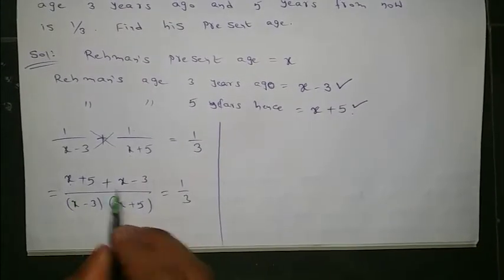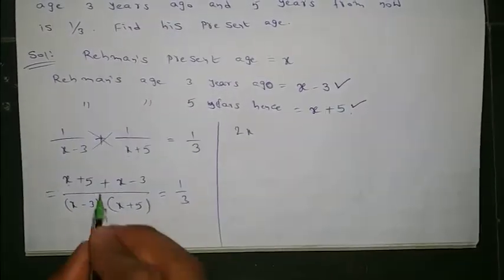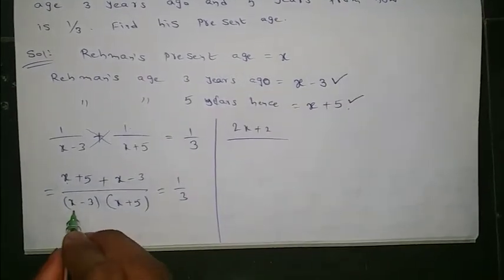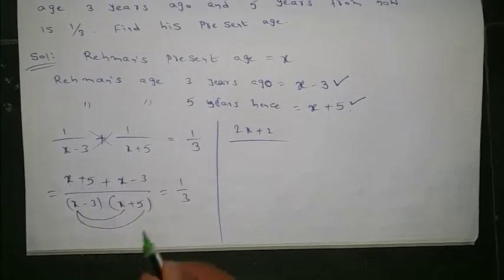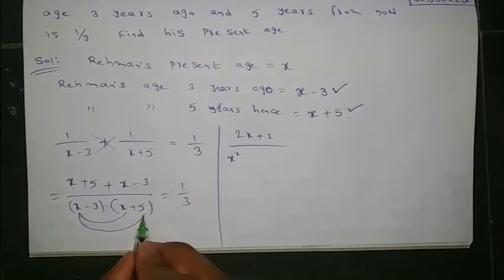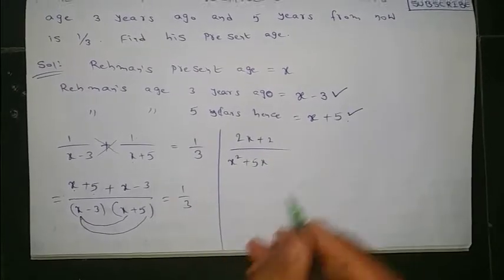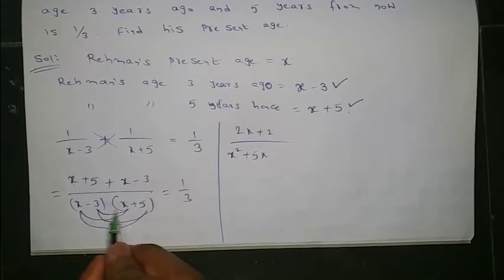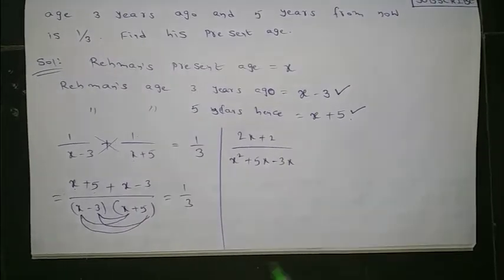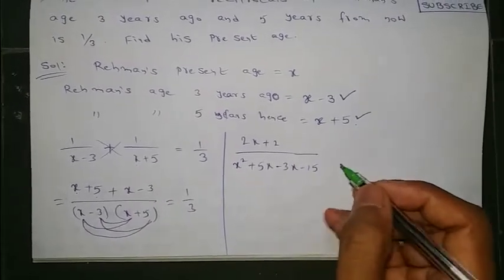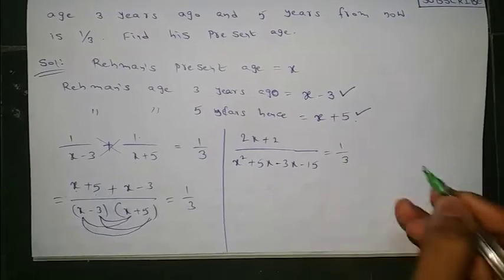Next, the numerator is 2x plus 5 minus 3 plus 2, whole divided by: x into x is x square, x into plus 5 is plus 5x, minus 3 into x is minus 3x, minus 3 into plus 5 is minus 15, equals 1 by 3.